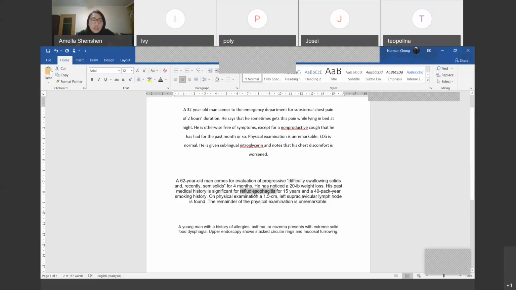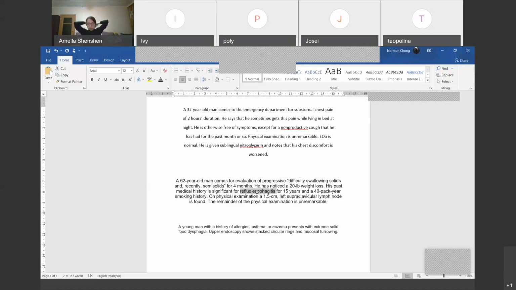Another problem as well, another diagnosis, you can put GERD as well. So yeah, it's a lot to investigate here. You want to do your endoscopy and all those things. There's a lot of things to do here.